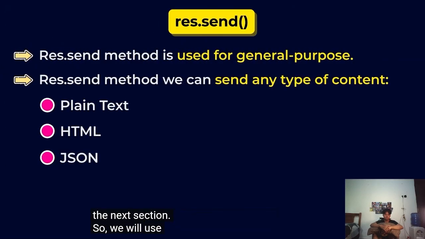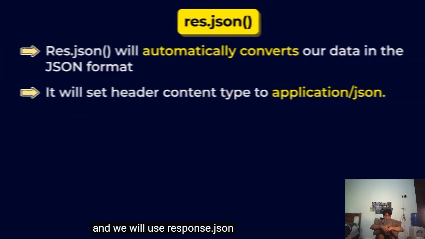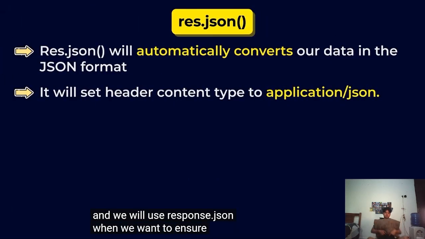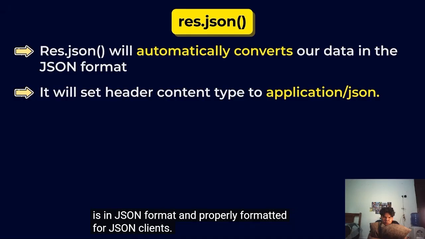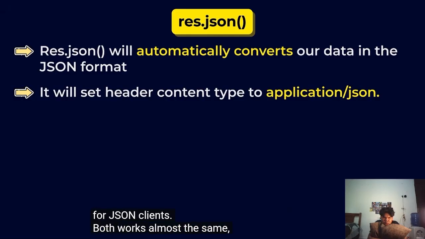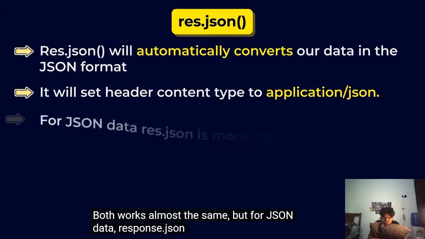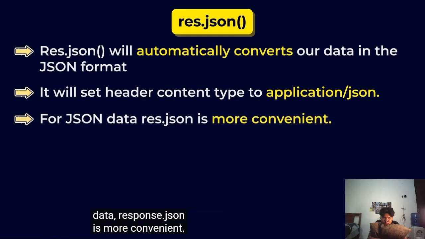So we will use response.send for simple responses, whether text, HTML or objects, and we will use response.json when we want to ensure that the response is in JSON format and properly formatted for JSON clients. Both work almost the same, but for JSON data, response.json is more convenient.